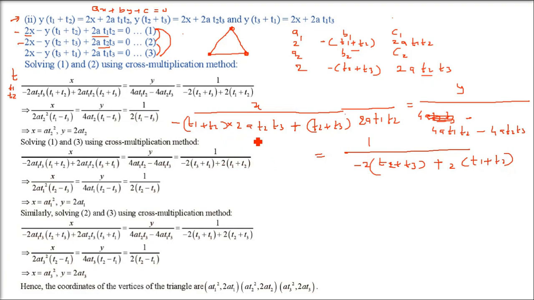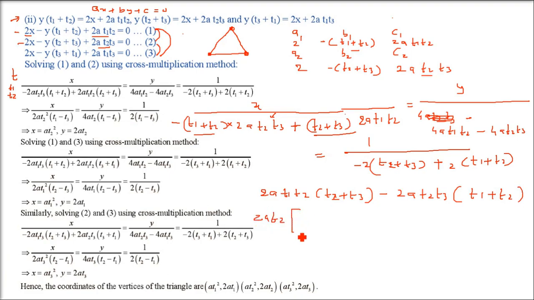Now we'll take one by one. So I'm taking the denominator of x. So 2a T1 T2, T2 plus T3. I'm taking the second term first: T2 plus T3 minus 2a T2 T3, T1 plus T2. Now you can take 2a T2 because it is common to both of these. So 2a T2 from here, 2a T2 from here.